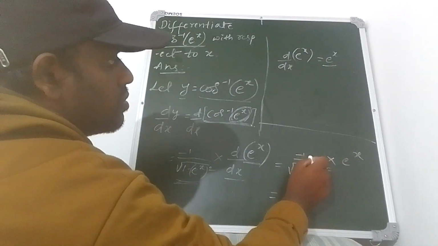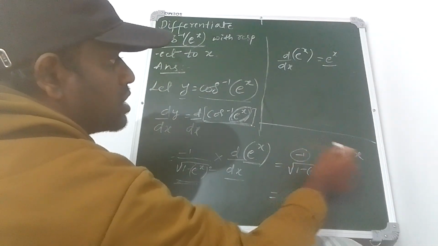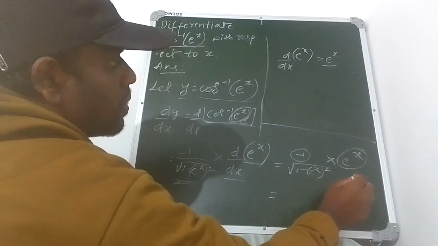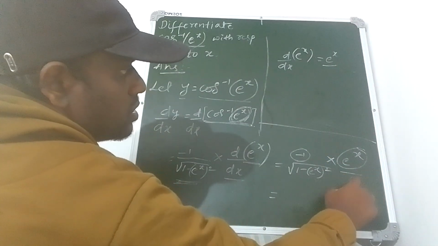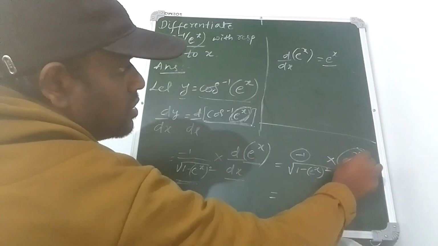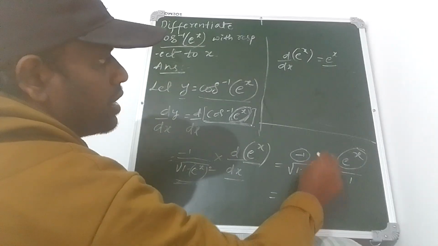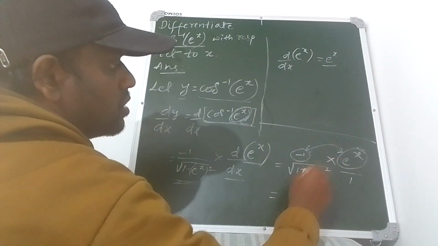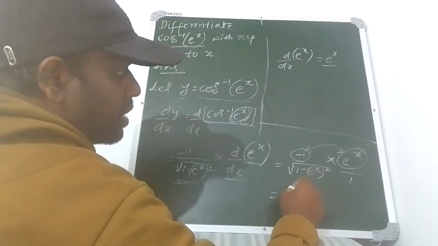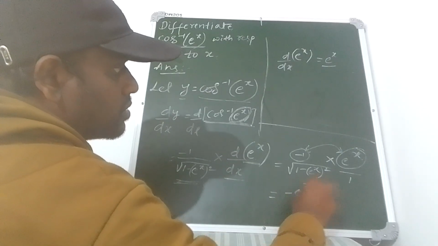In the next step, here minus 1 is there, e to the power x is there, and here nothing means 1 is there. So this and this are numerators, this and this are denominators. Multiply numerators separately: minus 1 into e to the power of x is minus e to the power of x.